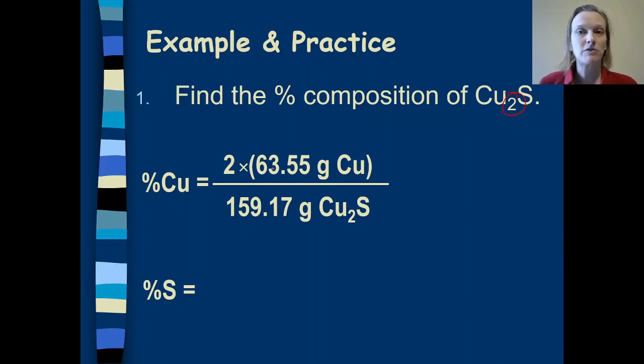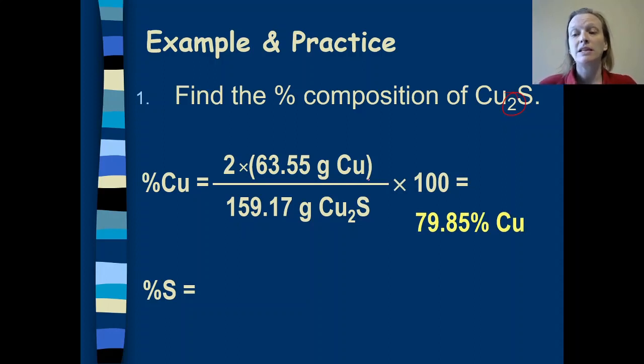I get the number 63.55 off the periodic table, and the molar mass of the entire copper(I) sulfide compound is 159.17 grams. The part divided by the whole, don't forget to multiply times 100. And the answer that we get is 79.85% for the copper.